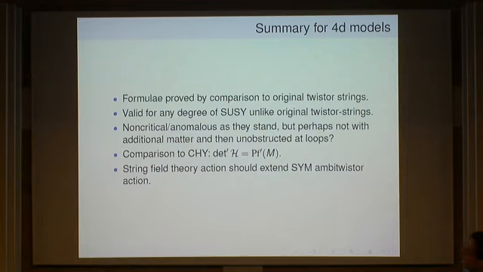anyway, we get these new formulae, so they're very nice, and they can be proved really just by comparison to the original twistor string. But you now have a framework that's valid for any degree of supersymmetry, so you can worry about the fact that they're anomalous or non-critical, except with this too much supersymmetry, the n equals 4 and 8.